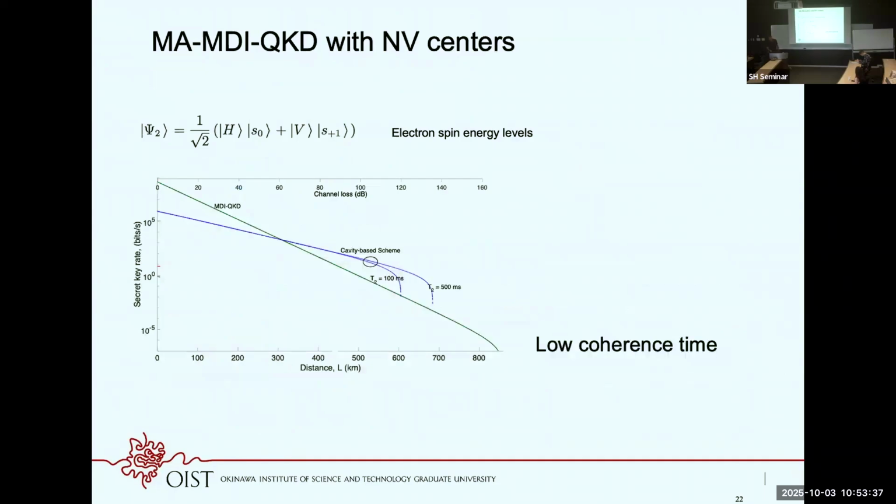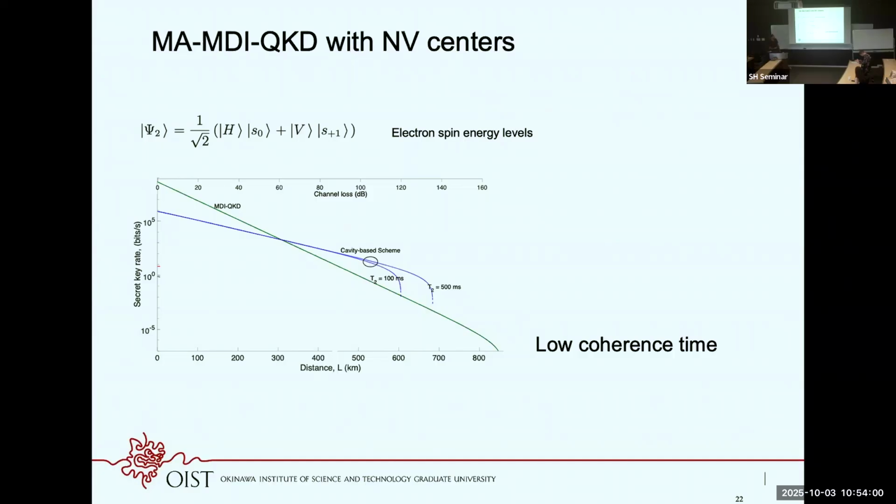That's very disappointing. So we change memories again, and we're now using NV centers. With NV centers, the rate seems to be better. At least we can cross the green line, but of course this is very strongly affected by the coherence time.